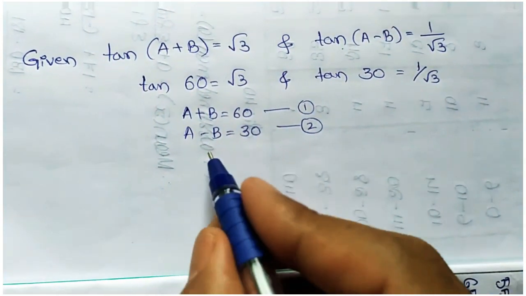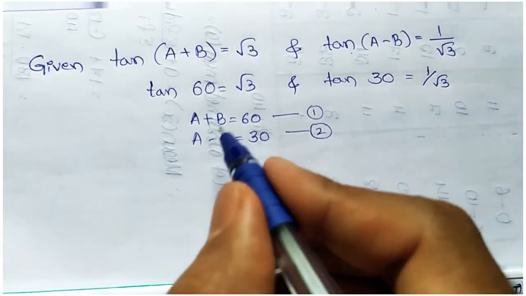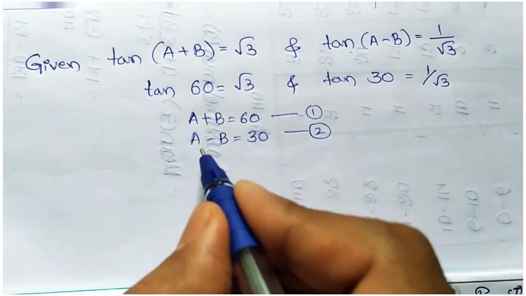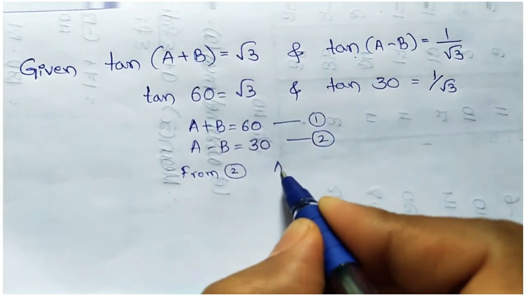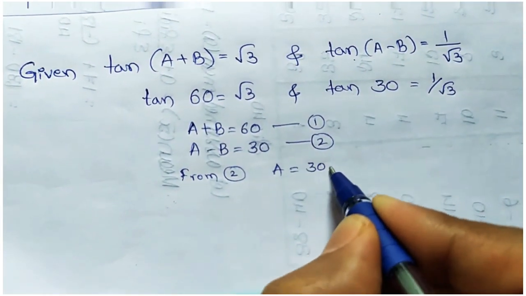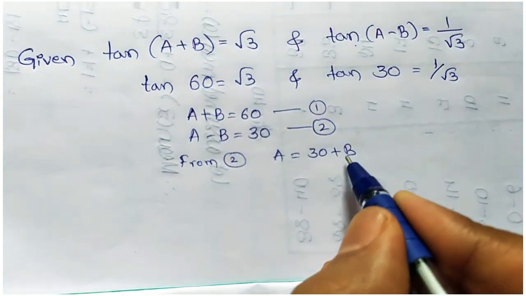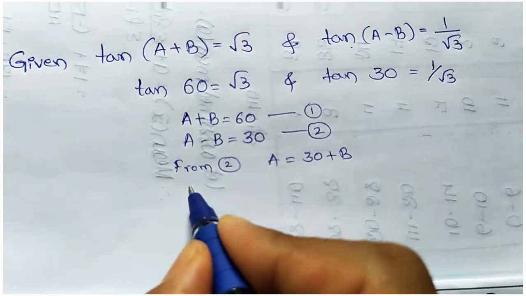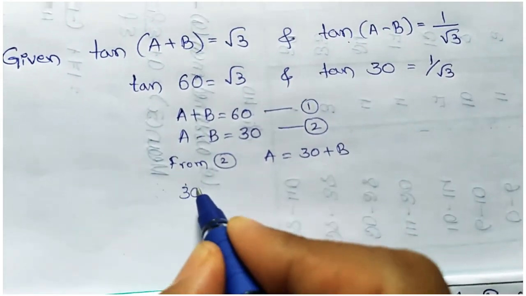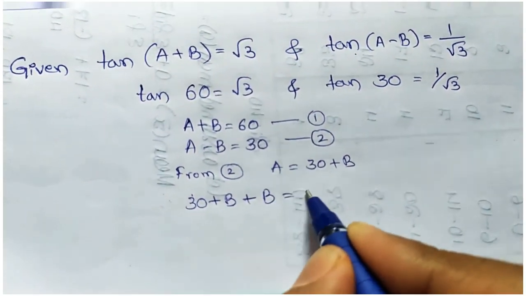So solving equations 1 and 2. How to solve? You just have to substitute any one value in the other. So I will take from 2, a equal to 30 plus b. Now substituting this in 1, in place of a I will write 30 plus b, again plus b is there, equal to 60.